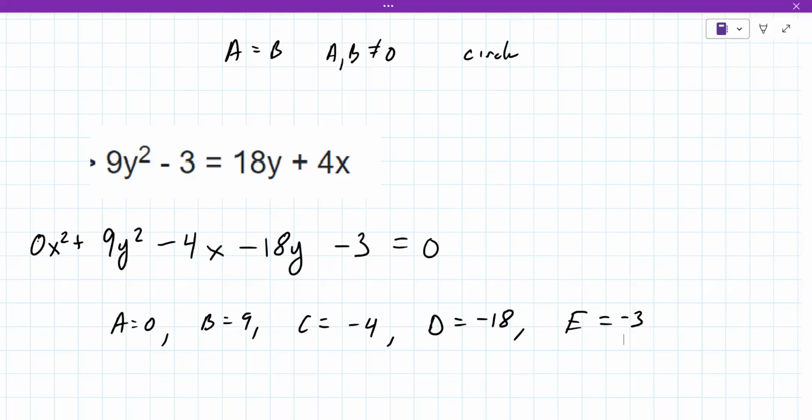What was its name? It looks like a parabola. Yes, very good. Now the way we know that just from the equation is if A equals 0 or B equals 0, but not both. So in this case, it is a parabola.